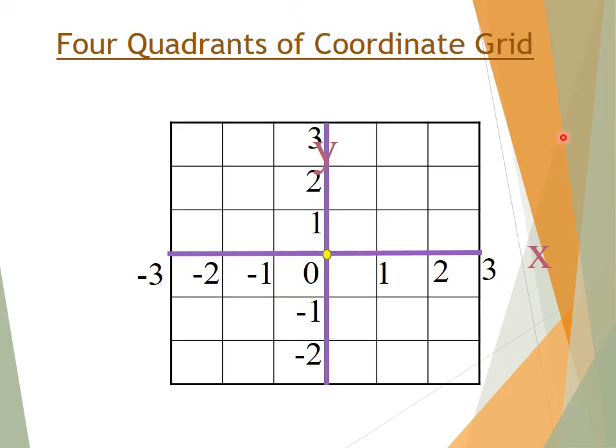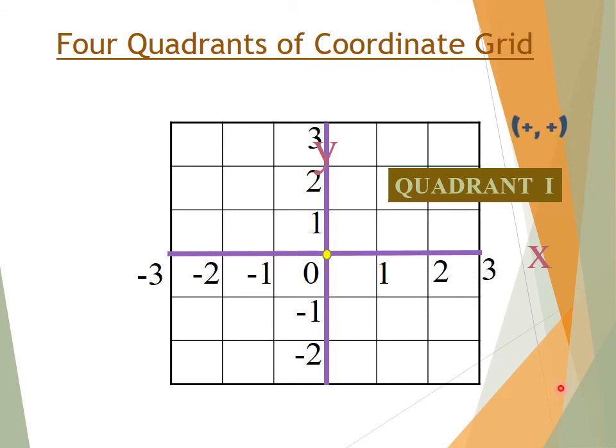Now let's look at the grid for the 4 quadrants. Here this is quadrant 1, and all the points which lie in the first quadrant will have both x coordinate and y coordinate positive.